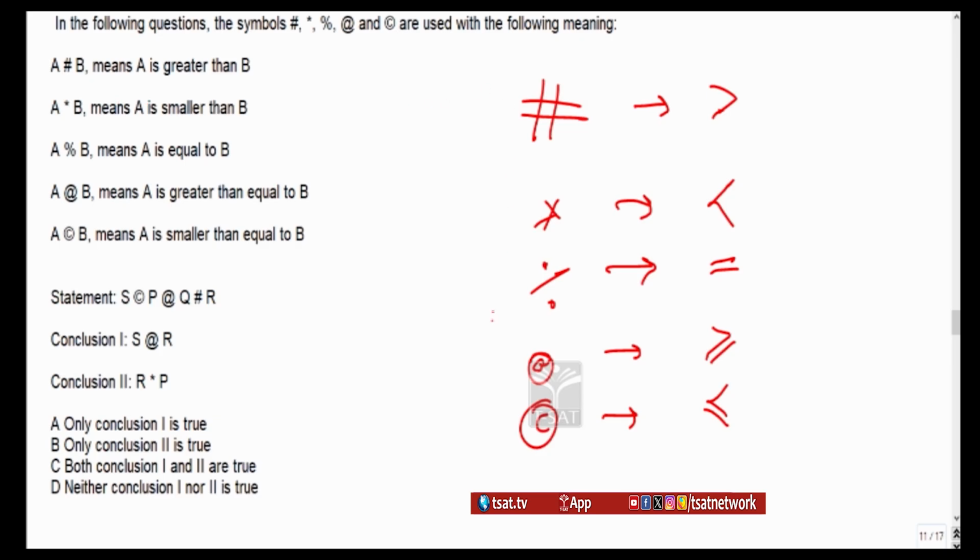After following these directions, now see the statement. Even the statement is also in symbols, so you convert these symbols into greater than and less than. How can I write this particular statement?